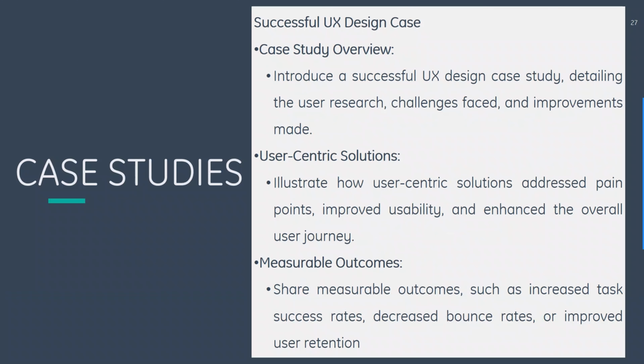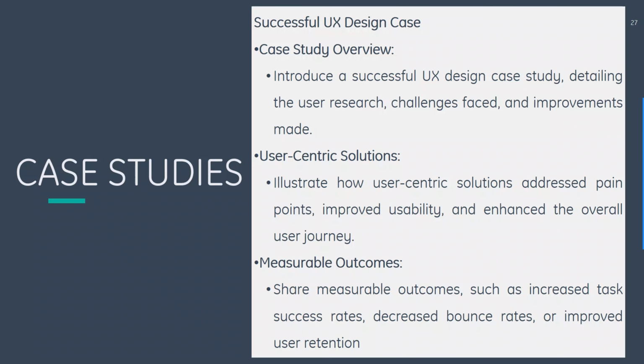Next, we have successful UX design cases, which is firstly a case study overview: introduce a successful UX design case study detailing the user research, challenges faced, and improvements made.